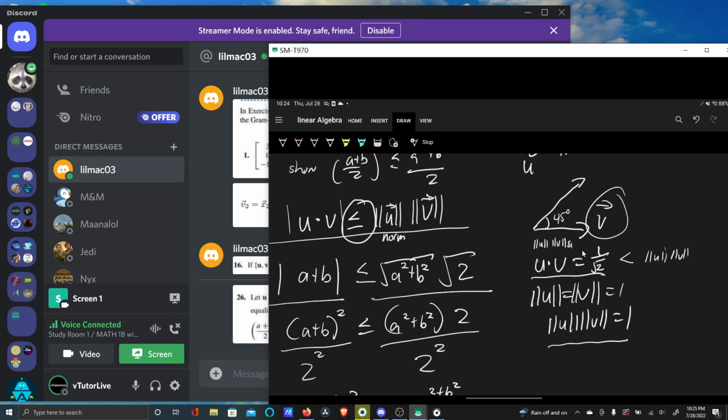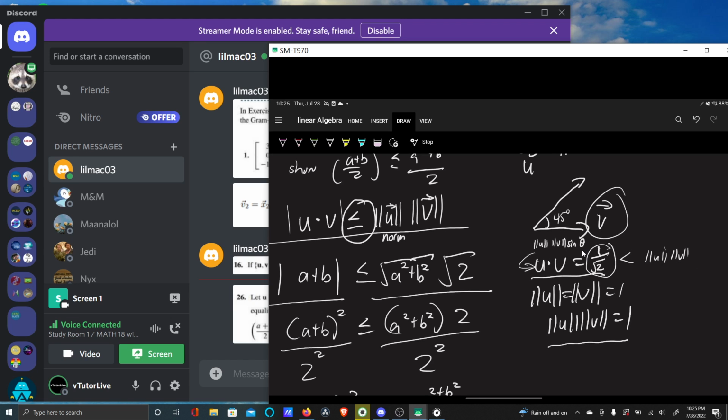Sine of theta, which is the angle between them. That's what this is equal to, right? So it was larger than what it was before when they were orthogonal, but it's still less than the straight up product of the absolute values.